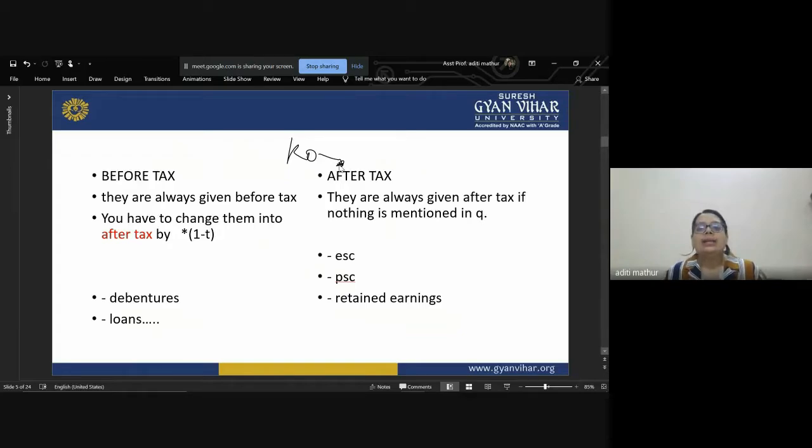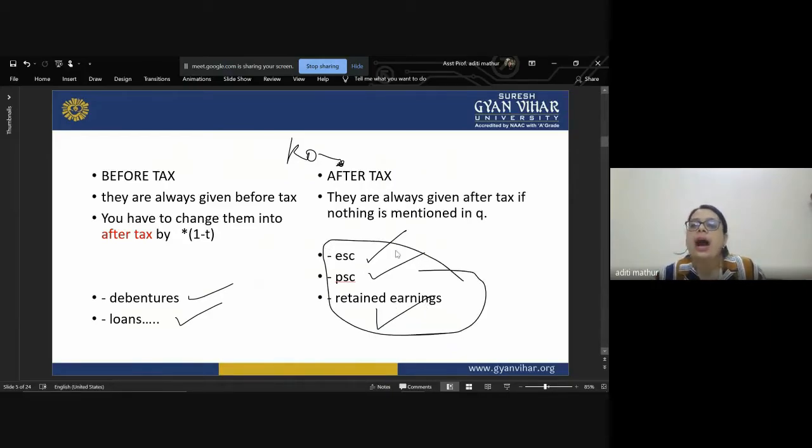So the after tax figure has to be calculated, because of which we take the tax calculation into consideration in the case of debentures and loan. But in the case of equity share capital, preference share capital, and retained earning, we already have the cost after tax. And we know the formula to convert a value before tax into after tax. That is, simply multiply it with 1 minus t.